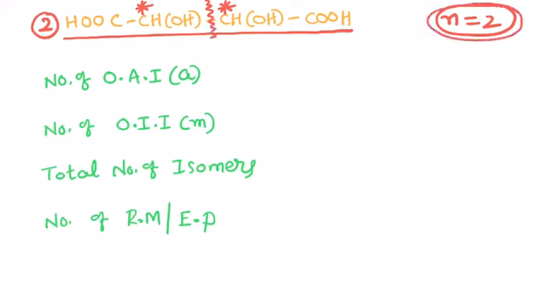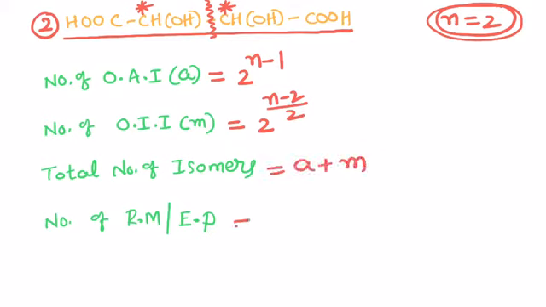What is the formula? The number of optical active isomers A equals 2 power n minus 1. Optical inactive isomers, the meso compounds, are 2 power n minus 2 by 2. And for the total number, you just add A plus M. The number of racemic mixtures or enantiomeric pairs is optical active isomers divided by 2.